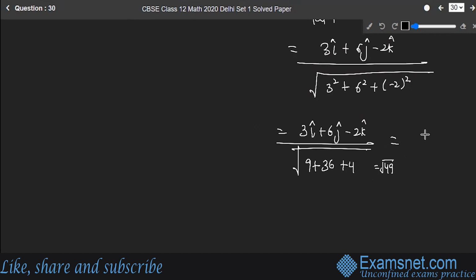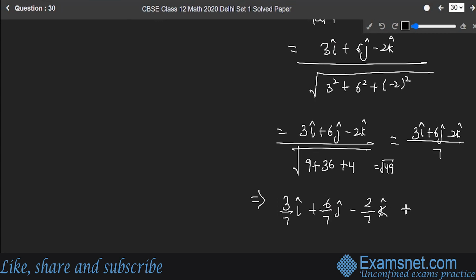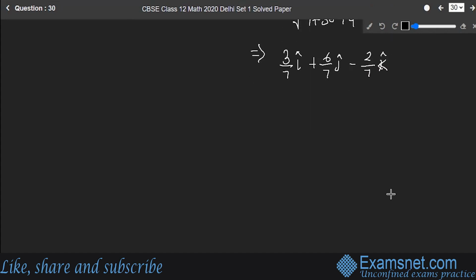So this is equal to 3i plus 6j minus 2k divided by 7, or this is 3 upon 7 i, 6 upon 7 j minus 2 upon 7 k. This is a unit vector parallel to D1. Unit vector parallel to D2.